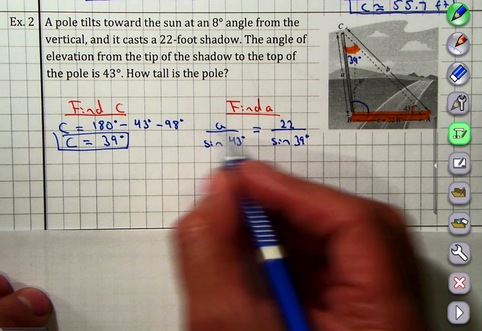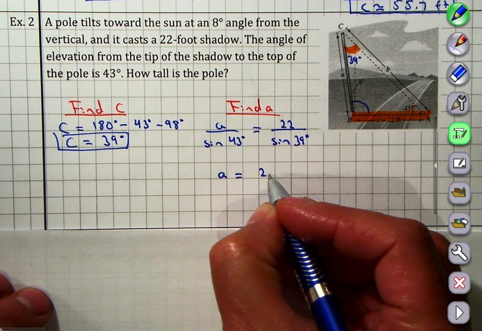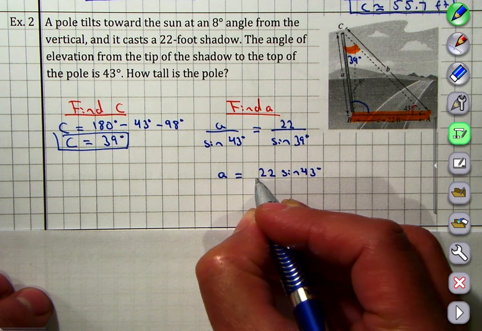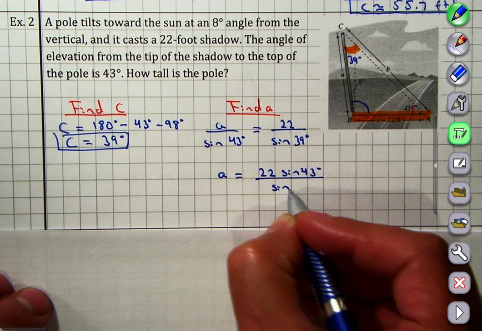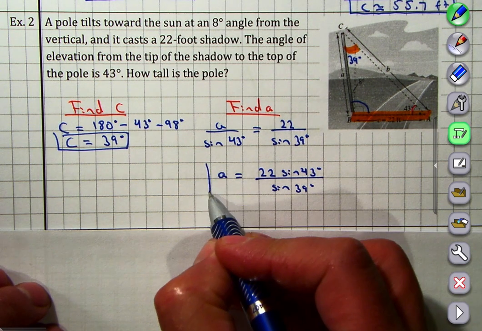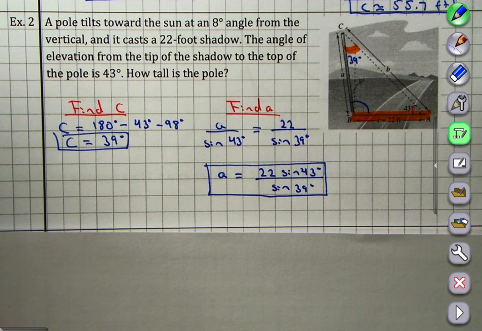I'm going to multiply both sides by the sine of 43, so therefore A equals 22 sine of 43 degrees over the sine of 39 degrees. Now, if they want an exact answer, this will be your exact answer. And if they want an approximation, we can just step into the calculator.